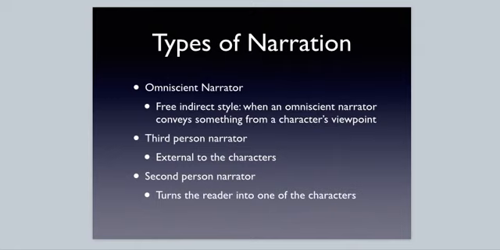However, there are times where you can see something from a specific character's viewpoint, even as it's embedded within an omniscient narrator's point of view. And that's something called free indirect style, when a narrator, otherwise omniscient, conveys a particular character's viewpoint by resorting to the character's own language. And that's something that we want to be on the lookout for as we read.